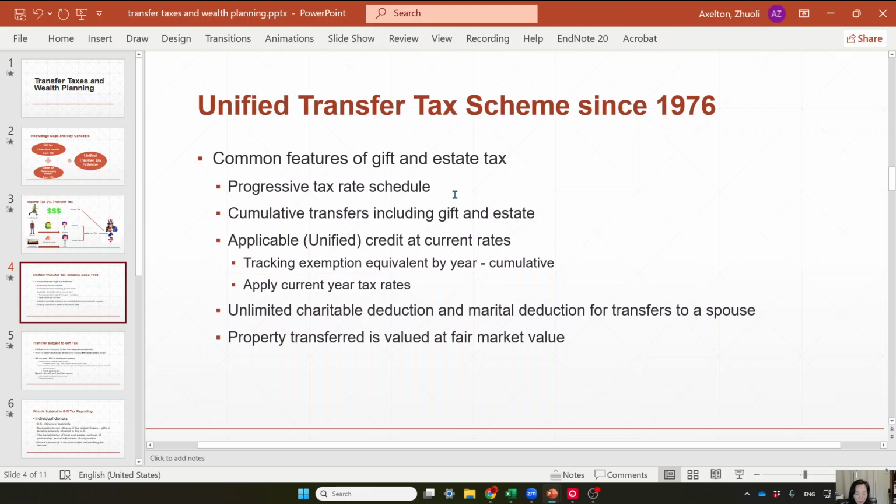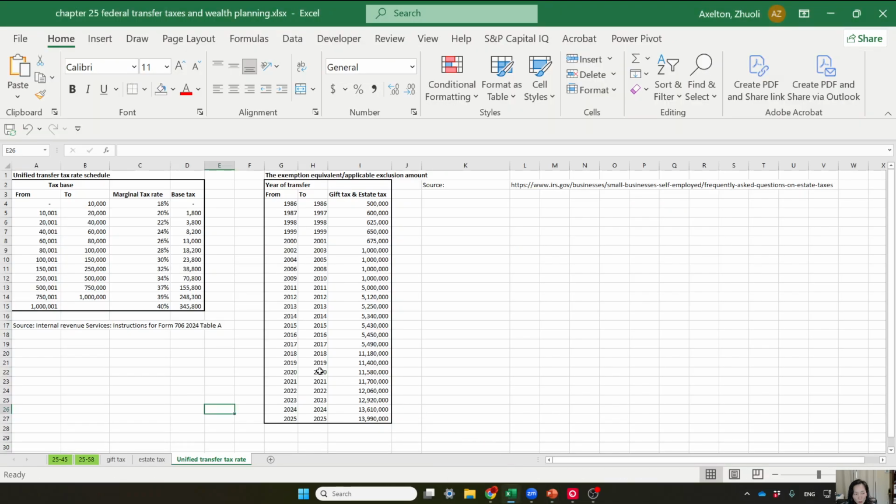Okay, what is the unified transfer tax scheme? Since 1976, what are the common features? First of all, they function under the same progressive tax rate schedule. So I'm going to take a quick look at this unified transfer tax rate schedule, which is a progressive tax rate schedule. This is very similar to the individual income tax schedule you have seen in the past.